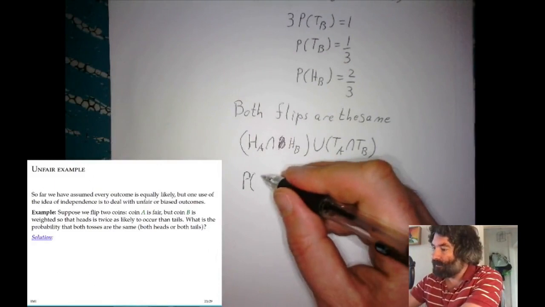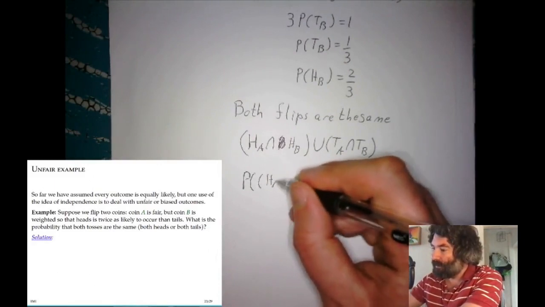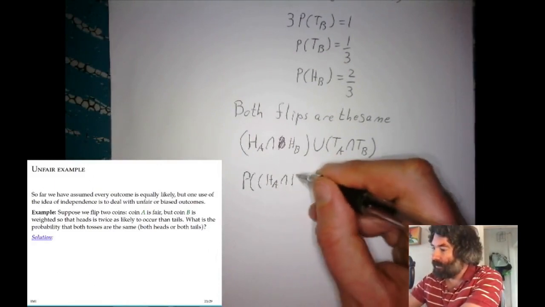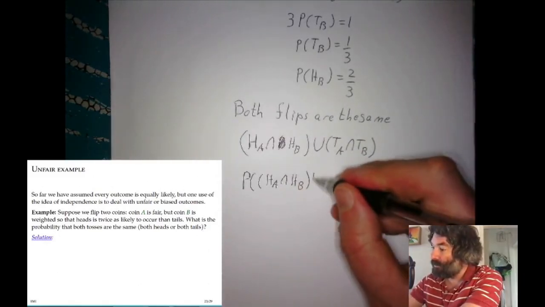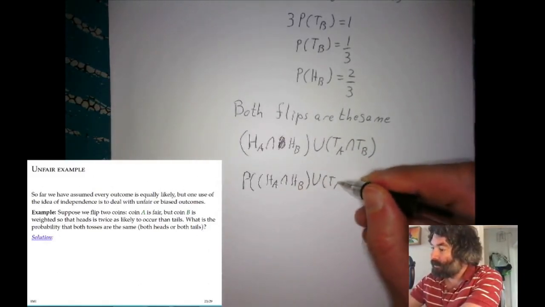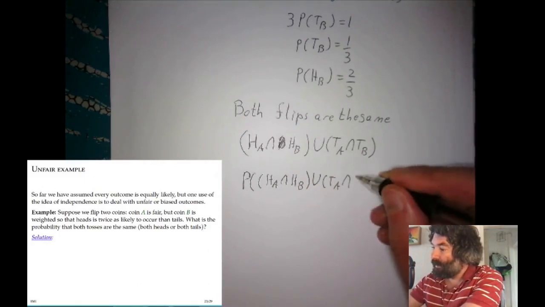Probability of this event: heads on A and heads on B, or tails on A and tails on B.